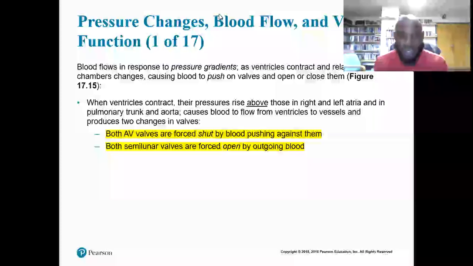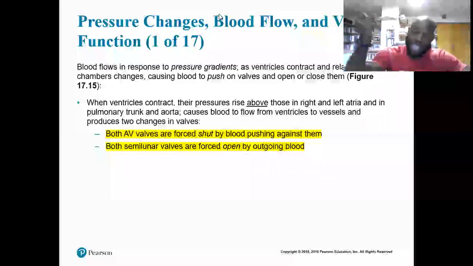All right, very simple. If I take a balloon and fill it with water and I start to squeeze it, that water is going to expand the balloon or eventually pop the balloon and flow out. So I've increased the pressure and that causes it to flow.